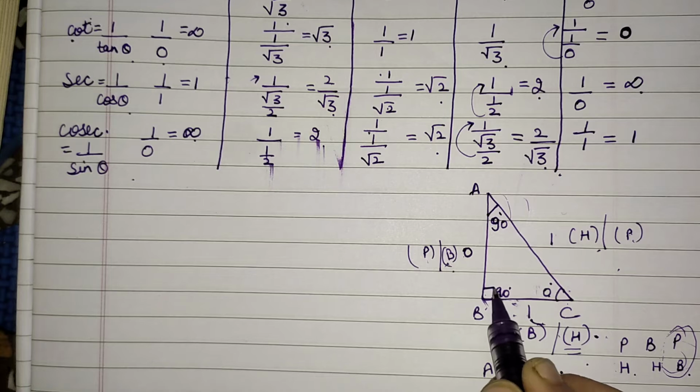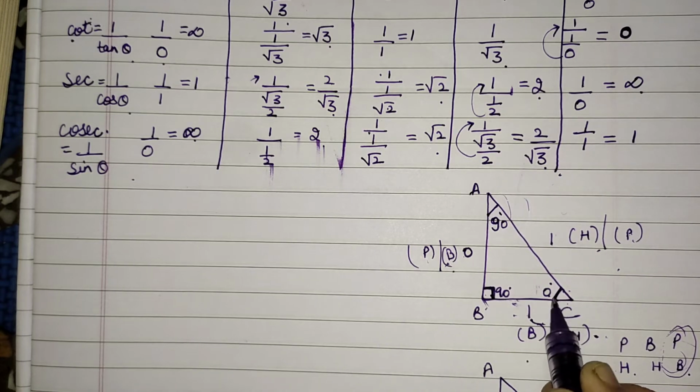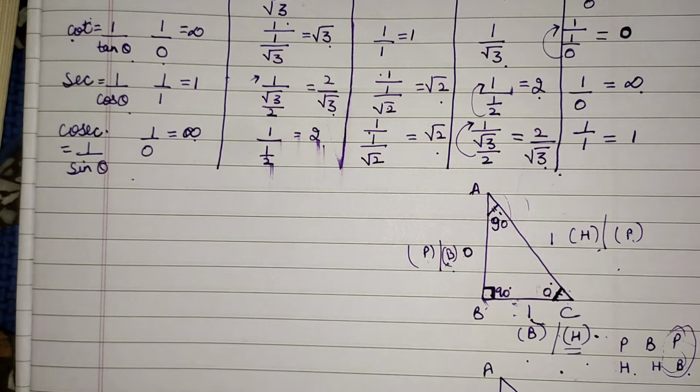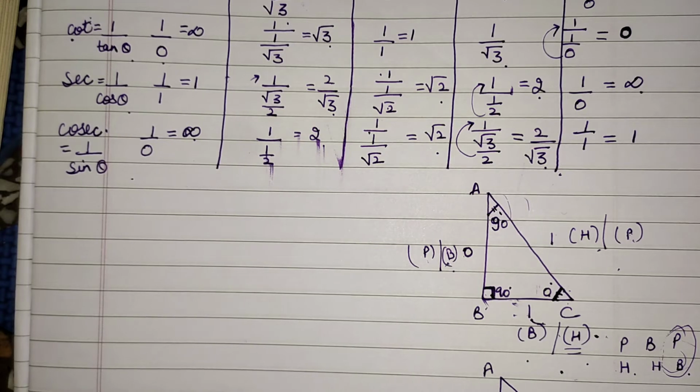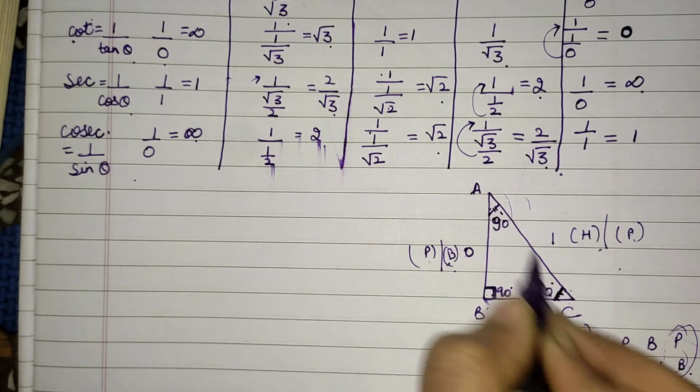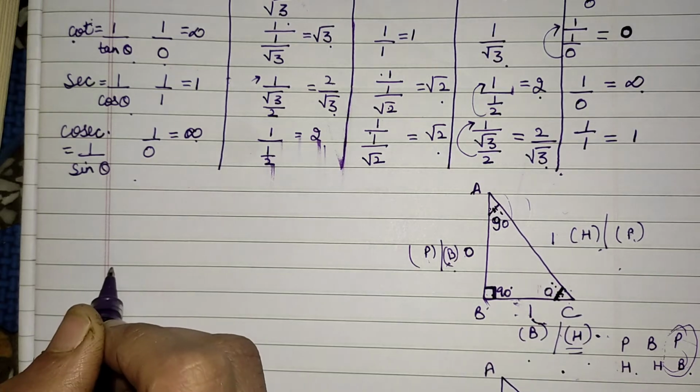So suppose this is my right angle triangle, 90 degrees, and let us suppose that this angle is equal to 0 degrees. If this is 0, then automatically this angle will be equal to 90 degrees. So we are going to find out the values of two angles, 0 degrees and 90 degrees.